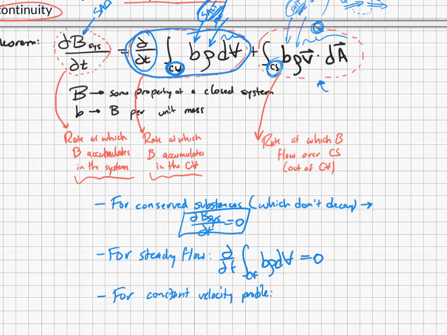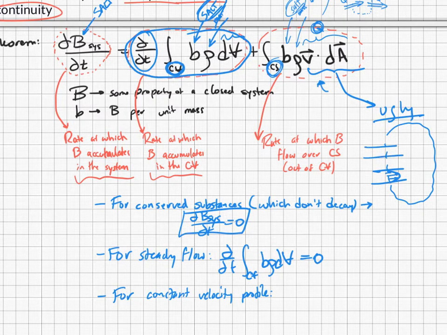Okay, so we've got this V dot dA up here, and this is ugly. We don't really like doing that. But let's suppose here's our control surface, and we've got two options. The Q can come in and look like this, where the flow is fastest in the middle of the pipe. Or the flow can come in like this, with a constant velocity profile, constant in the lateral direction.